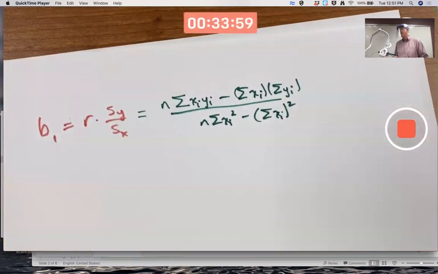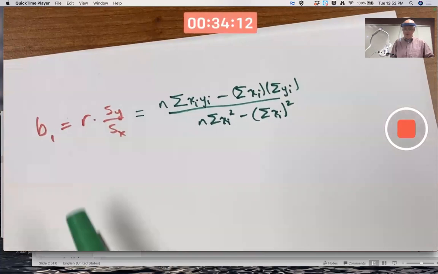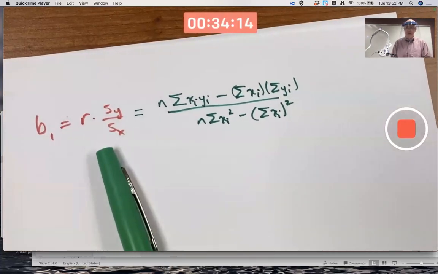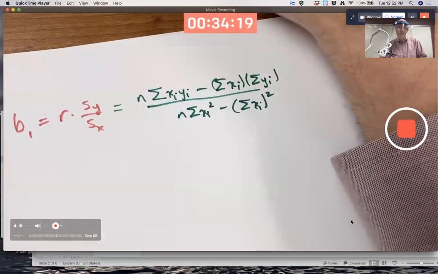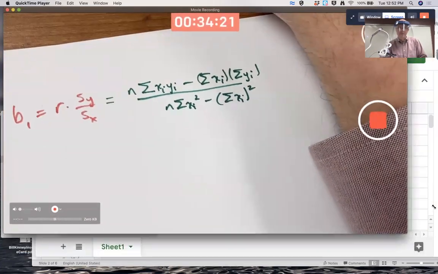There is even a third formula I showed you on Thursday involving the SS quantities, which I won't bother showing you right now. Anyway, once you've got the correlation and the standard deviations as well, this is the quickest formula. Let's use the quick one at the moment.